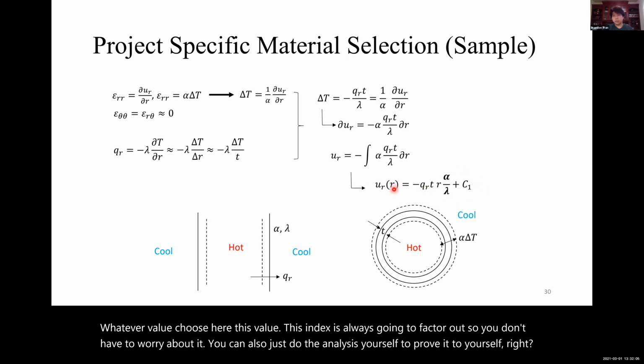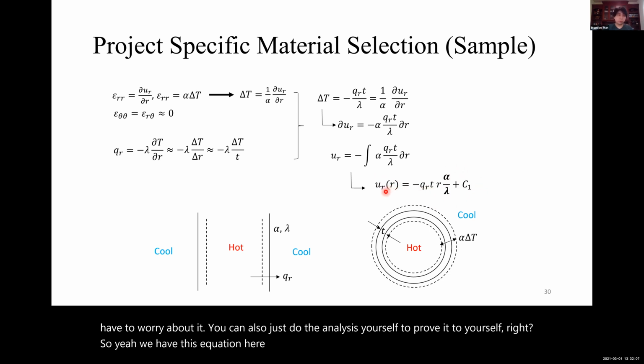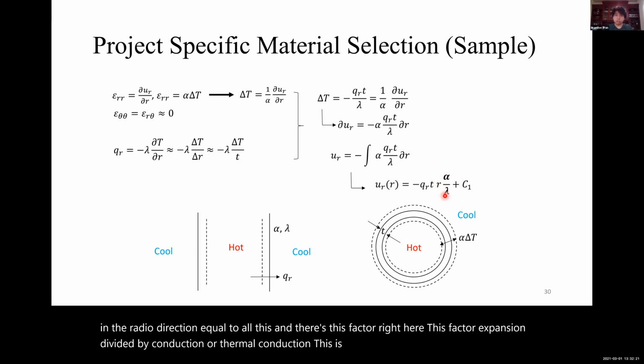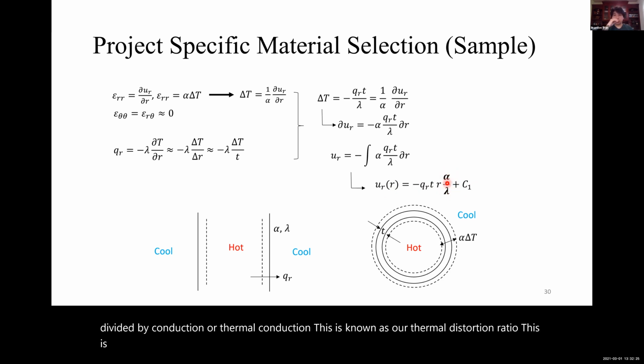So yeah, we have this equation here. We have displacement, which is representative of distortion in the radial direction, equal to all of this. And there's this factor right here: expansion divided by conduction, or thermal conduction. This is known as our thermal distortion ratio. This is the quantity we want to minimize in order to minimize distortion based off this equation right here.